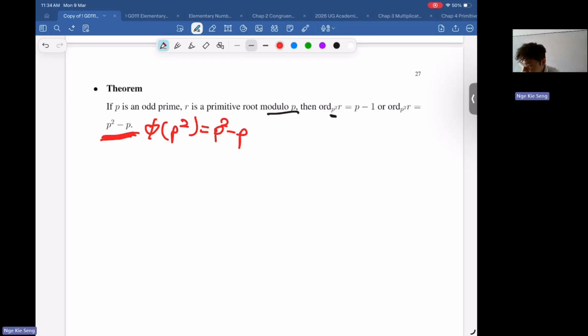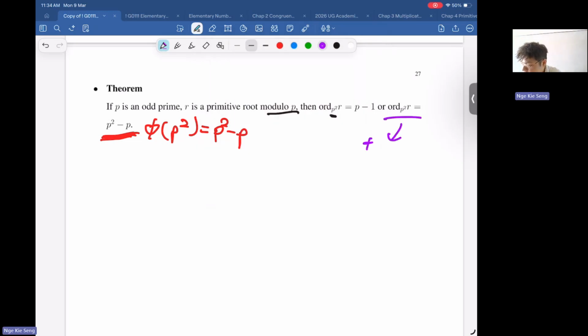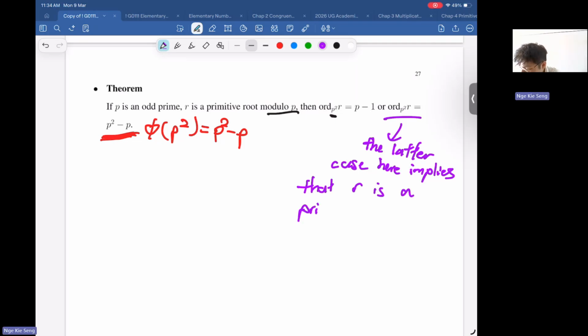So maybe I write down here: the latter case implies that r is a primitive root for p squared.